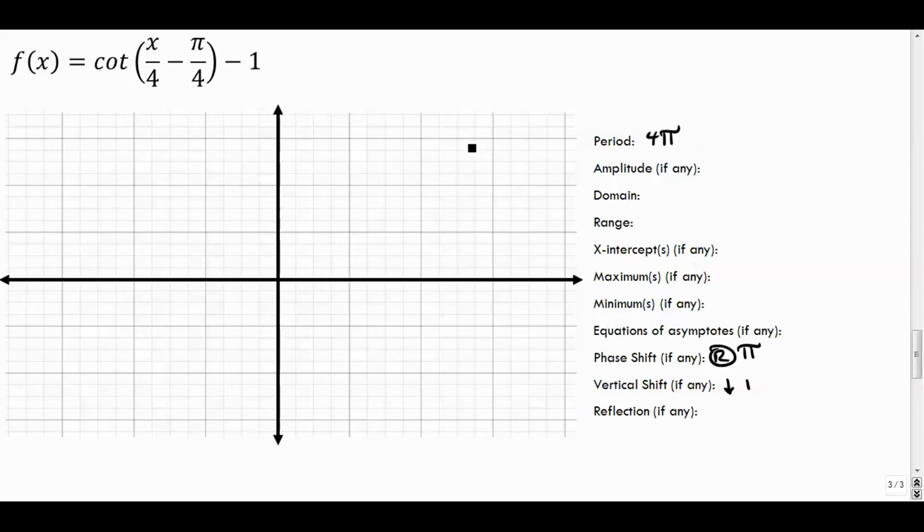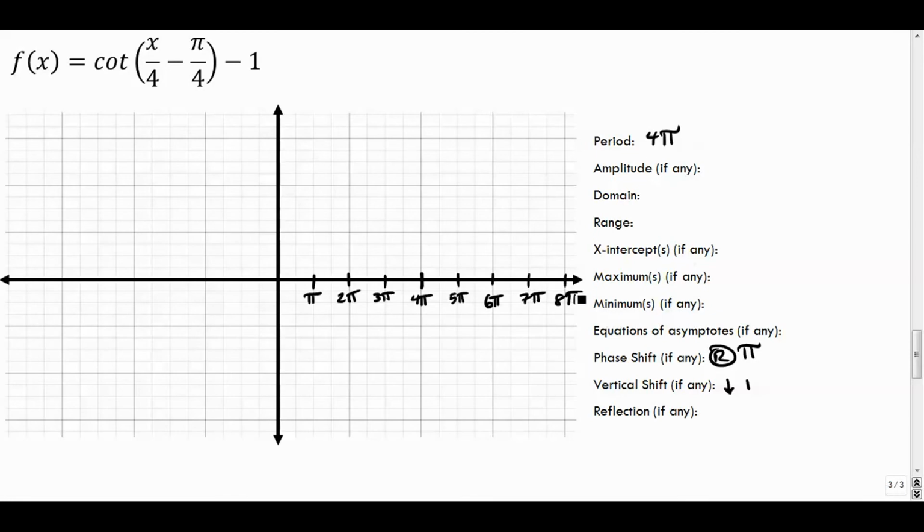So if I make, let's see, if I make this right here 4 pi, that means this would be 2 pi, this would be 6 pi, this would be 5 pi. Right? If I mark my x-axis like this, let's see how this looks.